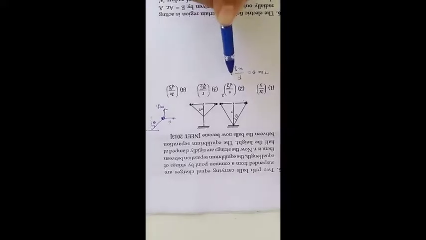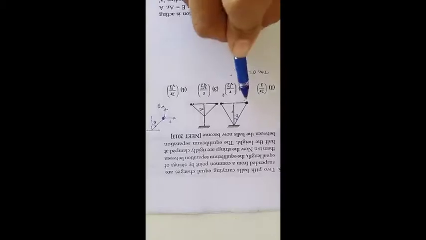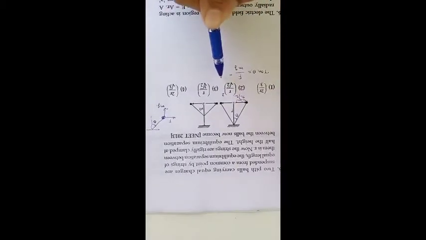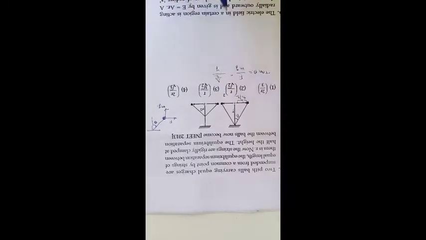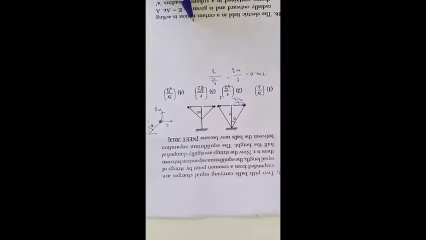In the same way, in this diagram, this distance will be how much? R by 2. Tan theta is equal to R by 2 by y. The point is clear. So tan theta in terms of force, what we can write?